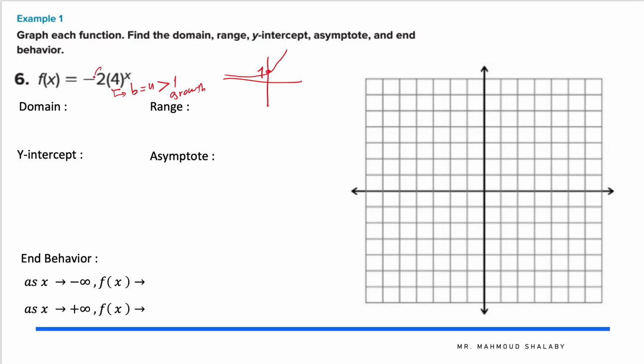Now, I have a 2 outside, so instead of 1, I know that the graph must pass through the value 2, because there is a 2 multiplied outside. What if we have a negative? The new graph which was passing through 2 will be reflected down. So instead of going 2 points up, I will go 2 points down, passing through negative 2. So we will look for a graph passing through negative 2.